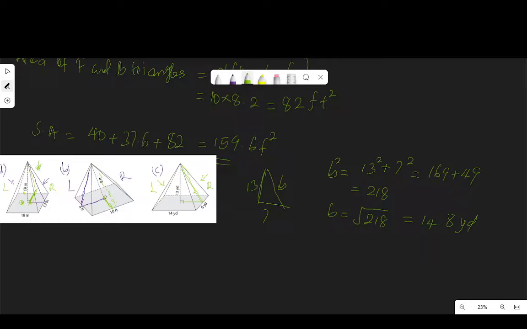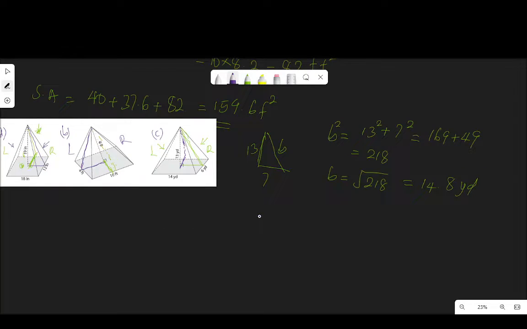Now let's get the height of the front and back triangle. For the front and back triangle, let me draw a line back there. And then this dotted line here forms the height of that triangle. So if I reproduce the triangle here, I'm going to have something like this.